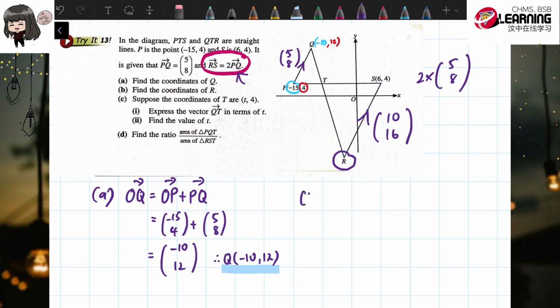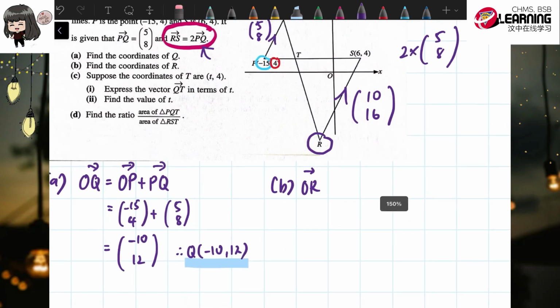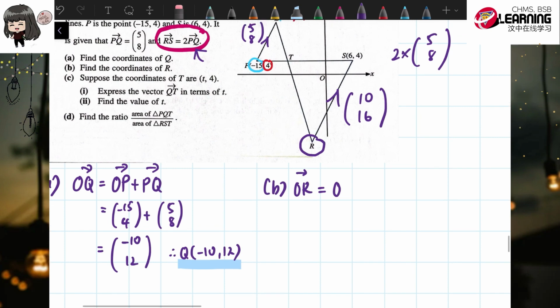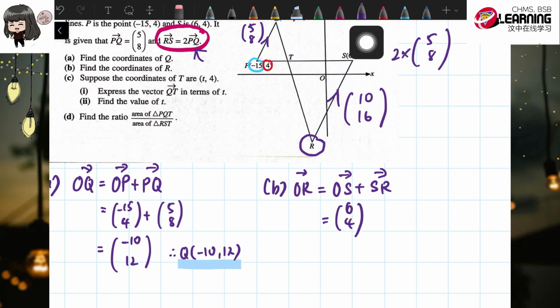Now we find the coordinate of R, which is OR. OR is equal to OS plus SR, if using the vector method. OS you already have (6, 4) because the coordinate here is (6, 4). But SR, this is RS.